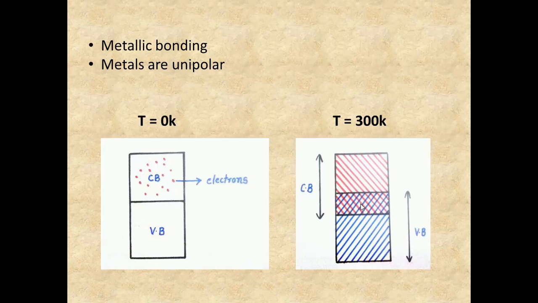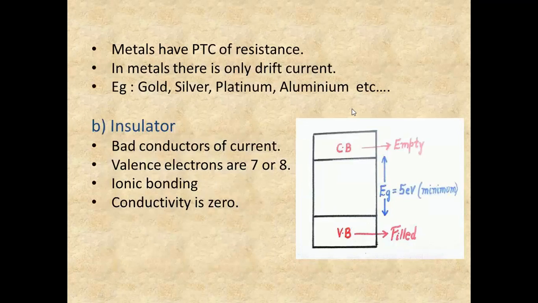Why? Because you have increased the temperature from 0 to 300 Kelvin. The crisscross represents the overlapping. Whatever I explained till now, be sure of it so that we can differentiate later on between insulator and semiconductor. Okay, metals have PTC of resistance. What does PTC mean?